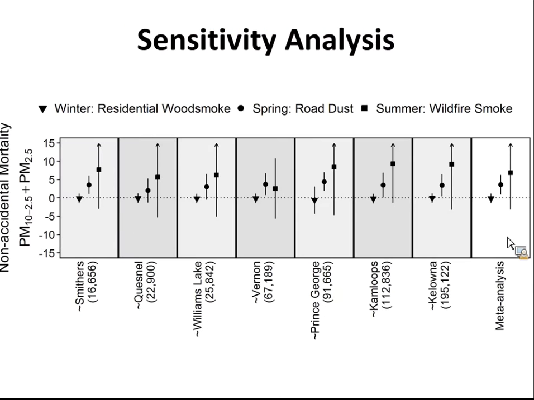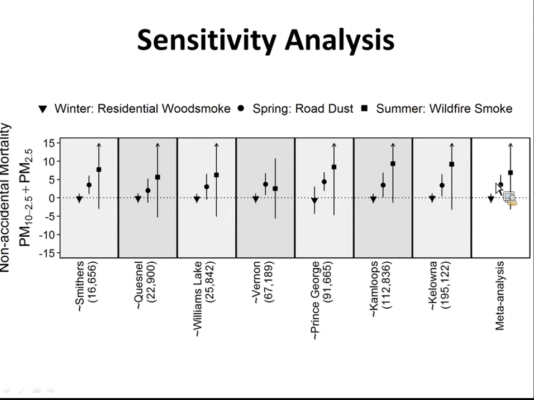Finally, we do a sensitivity analysis where we take every community out of the meta-regression estimate to see whether or not that community had a lot of influence on the meta-regression estimate. So if a community didn't have a lot of influence, we expect the meta-regression estimate to remain stable, whether or not it's in or out of the analyses.